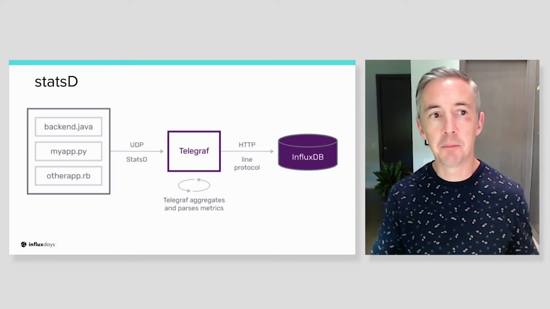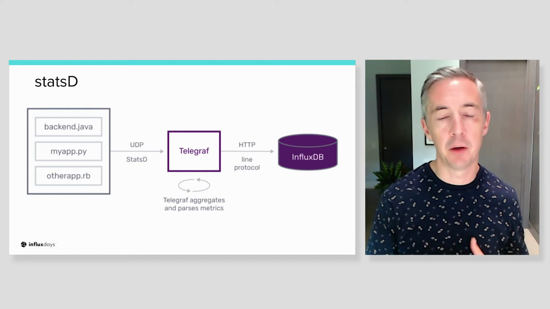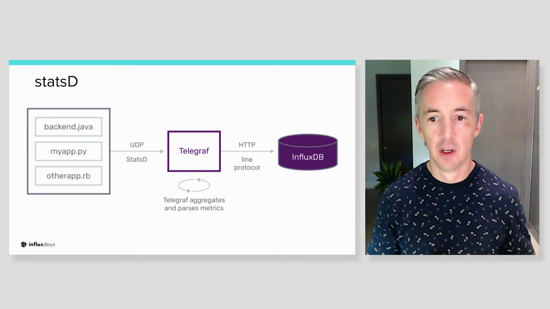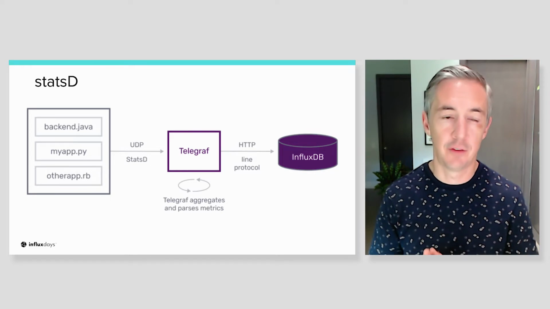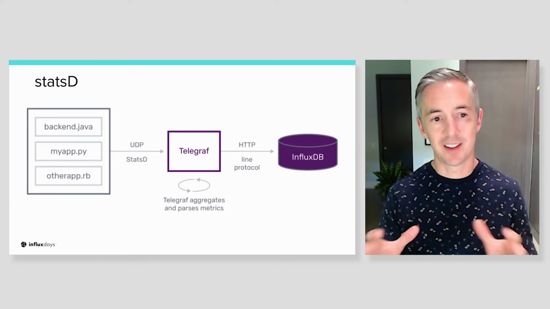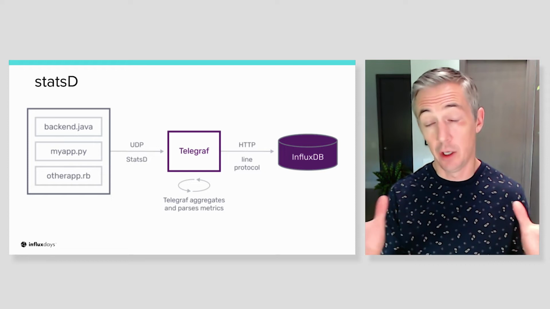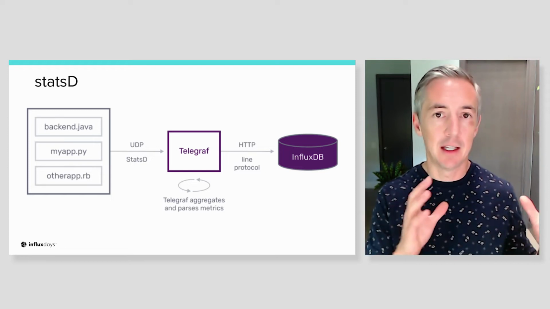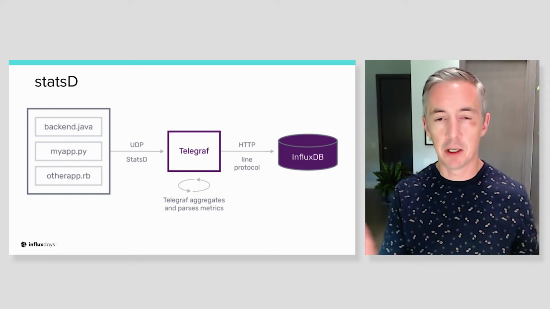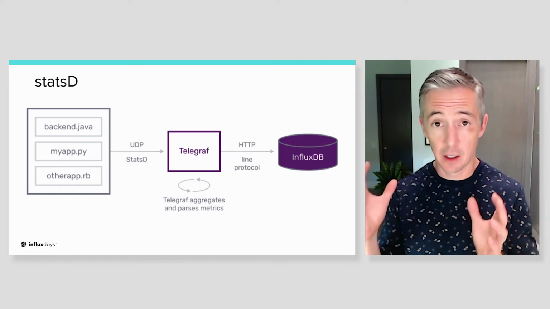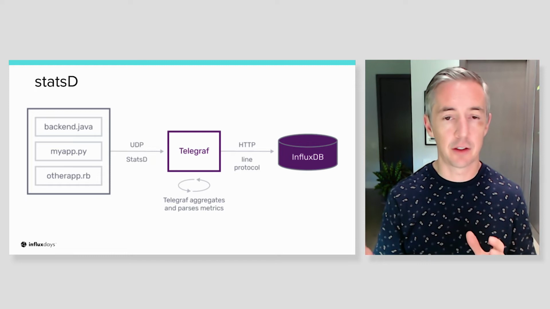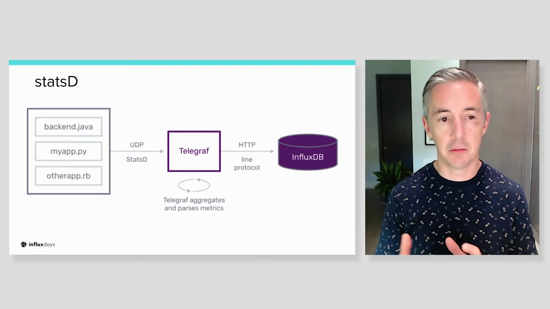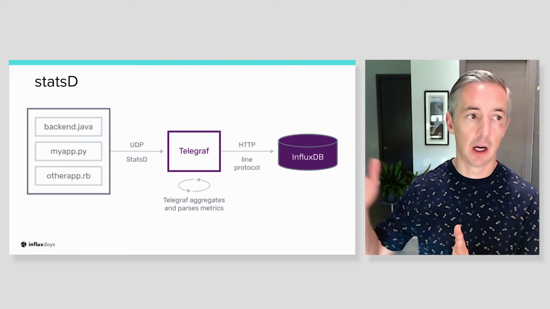But people developed tooling to help them actually work with these systems. One very popular tool was called StatsD, originally invented at Etsy. StatsD is a text-based protocol for conveying metrics over UDP, and a server implementation that gathers events and metrics, aggregates them, and sends them to Graphite.